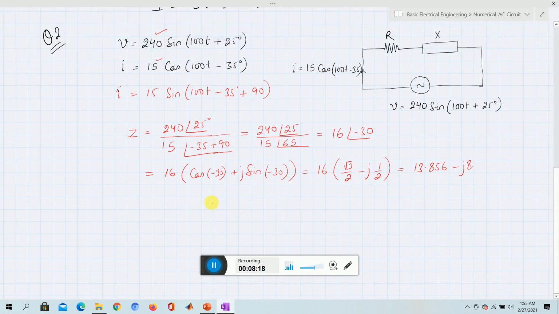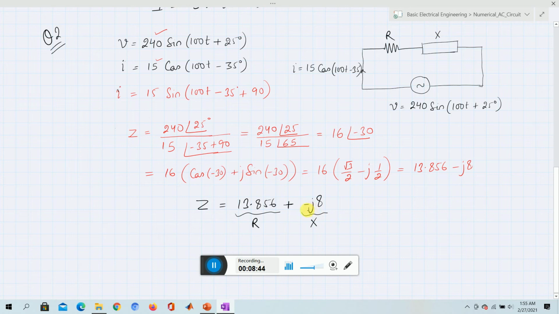So this has the implication that Z is equal to 13.856 real number. Then there is a term minus j8. So we can write like this. So this term represents obviously R, and this term represents the X. Now the question arises whether this term is XL or XC.